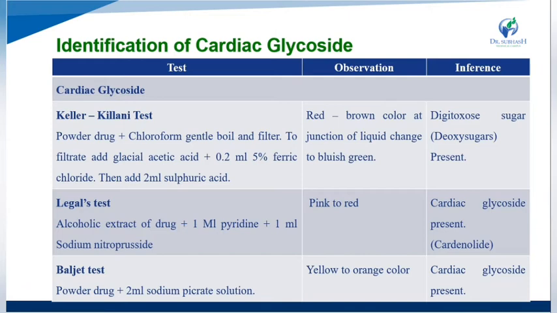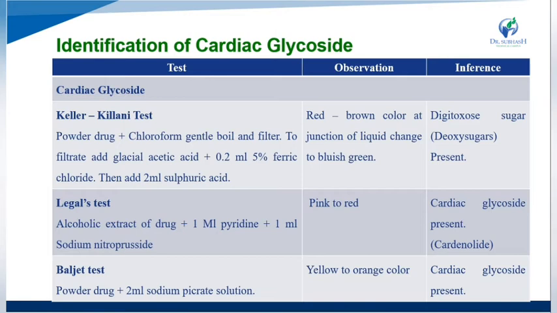They generate a red brown color at the junction of the liquid, which changes to bluish green. That indicates digitoxose sugar or deoxy sugar is present in the compound.